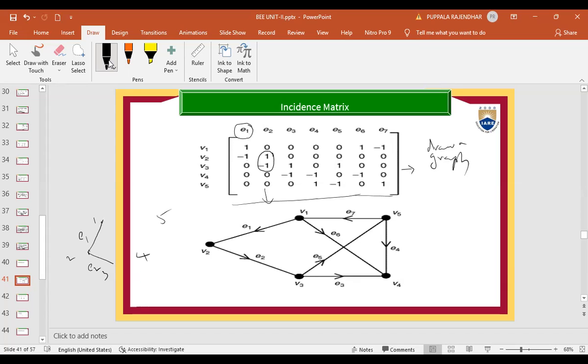And E3 is connected between 3 and 4. This is E3. And E4 is connected between 4 and 5. E4. E5 between 3 and 5. E5.